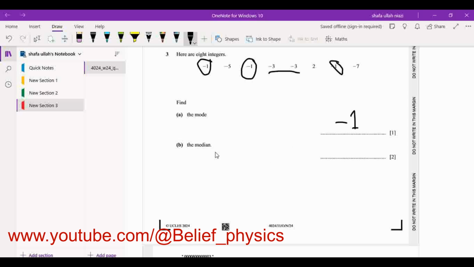Median: for the median we write the data in ascending order. -7 is the smallest, so I write it first, then -5, then -3 two times, so -3, -3, and then -1, which is 3 times, so -1, -1, -1.